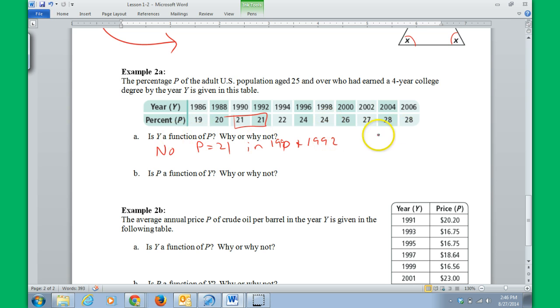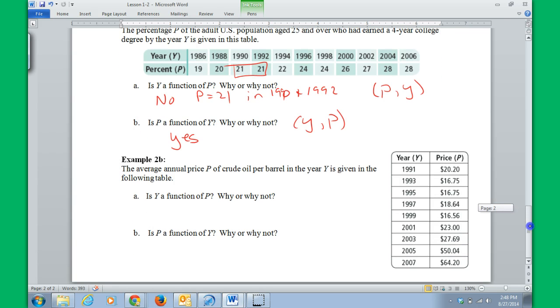In other words, they're saying P is the x value, Y is the y value here. And we have a repeat of x in this case. But if you look at part B, if you look at it this way, where Y is the x value and P is the y value, is that a function? Yeah, it is, because there aren't any repeated Y's. So this is yes. So I want you to take a minute, do the same type of thing for example 2b, and we'll check it in a minute, okay?